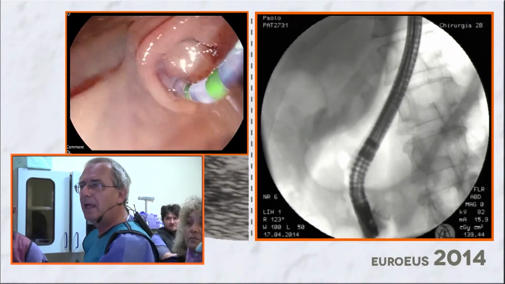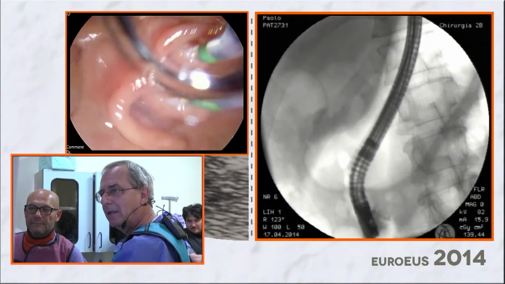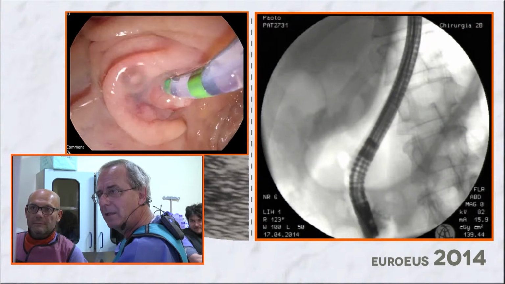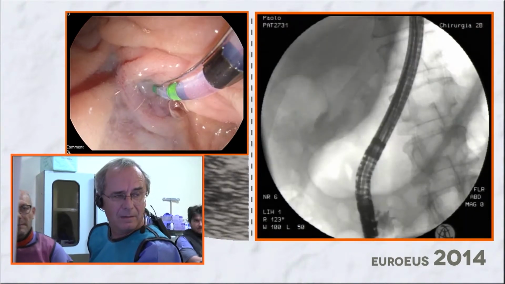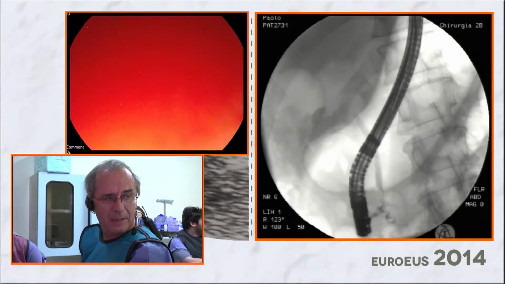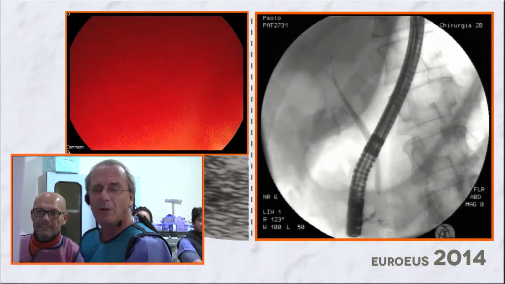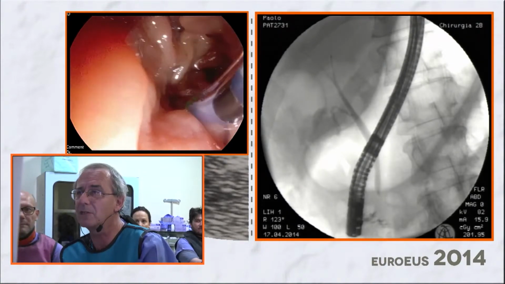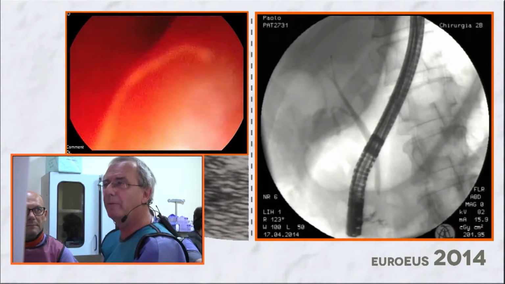I put some drops of indigo carmine in the contrast, which might help to understand. Inject. That's the bile duct. Of course, when you're looking for the pancreas, you always opacify the bile duct and vice versa.